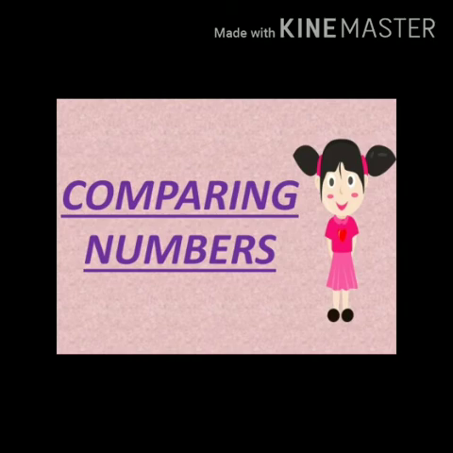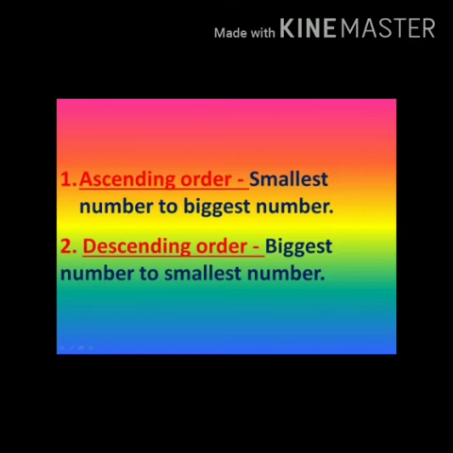Now, by comparing numbers, we will talk about how to write ascending order and descending order. Ascending order means the order of numbers from the smallest to the greatest number, or you can say biggest number.